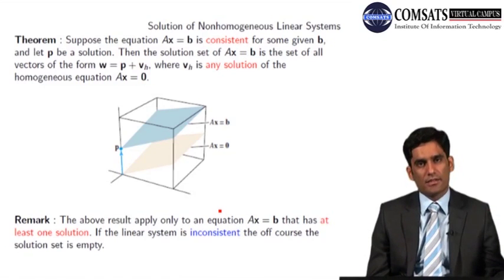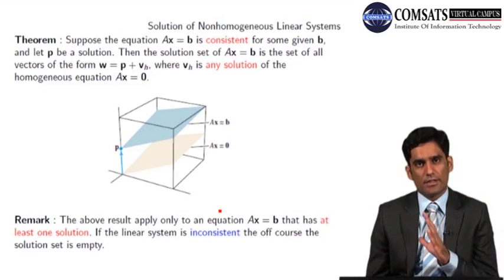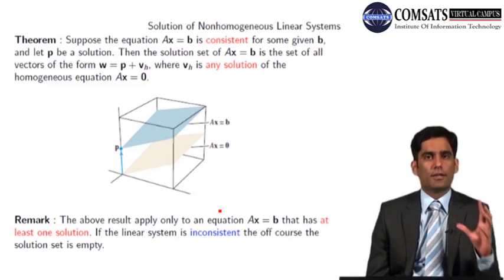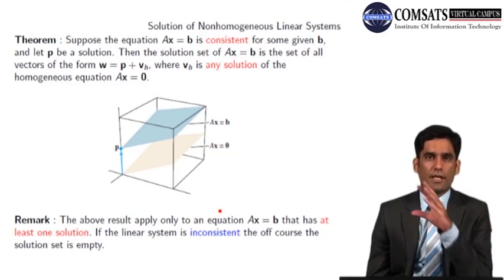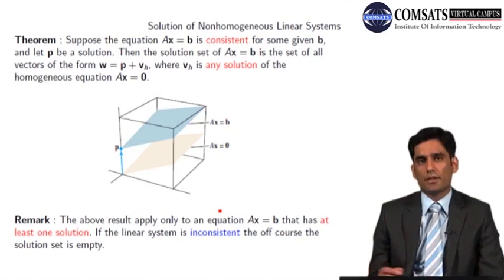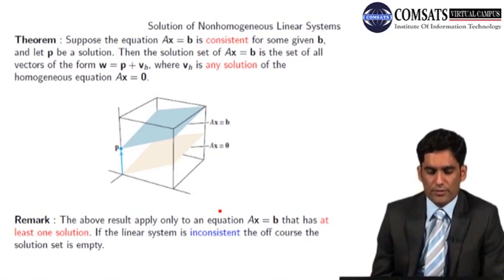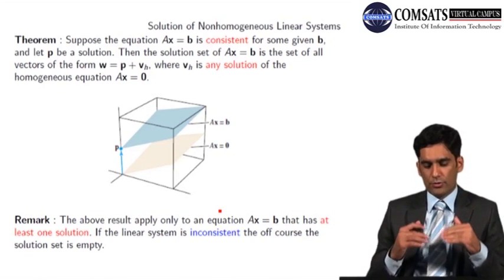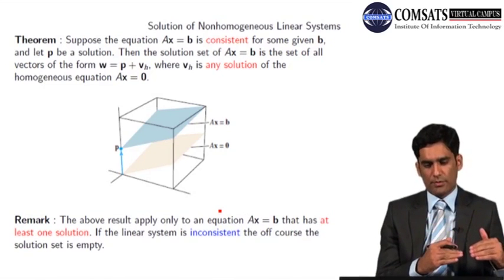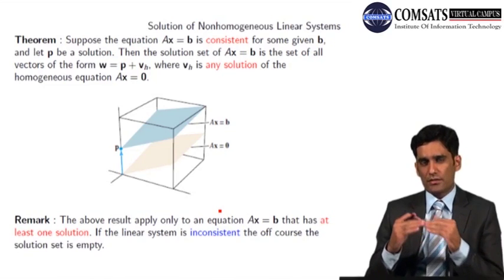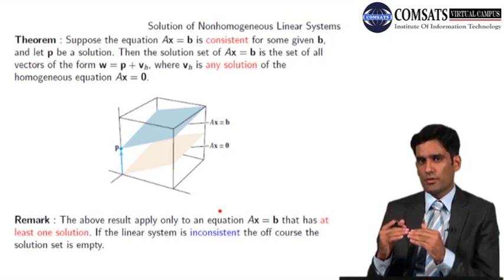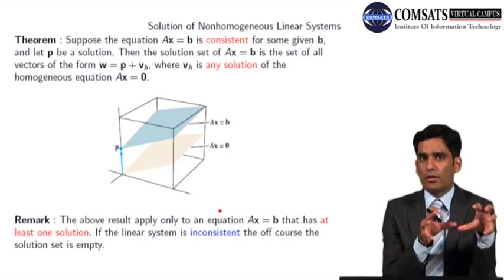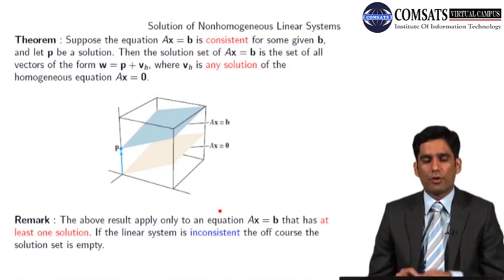That is, the LHS is the same, only the RHS differs: for the homogeneous system the RHS is 0, 0, 0, and for the non-homogeneous system we have some non-zero entries on the RHS. What we have observed is that the solutions of the non-homogeneous system of linear equations are just translations of the solutions of the homogeneous system by a single vector, which we call P.